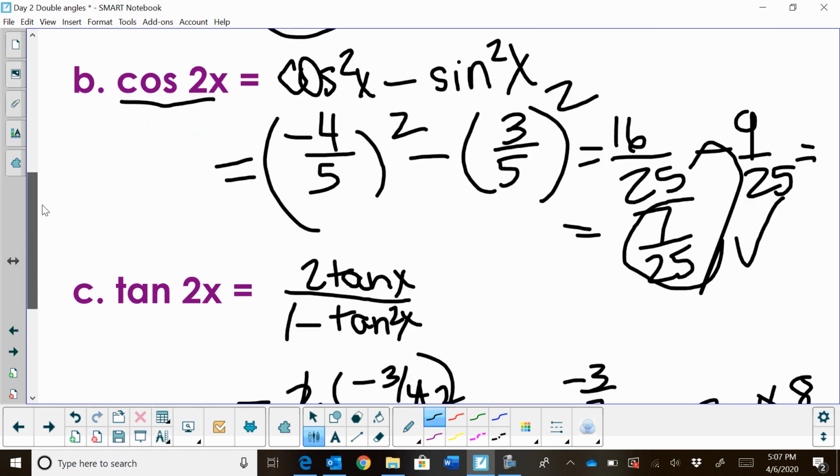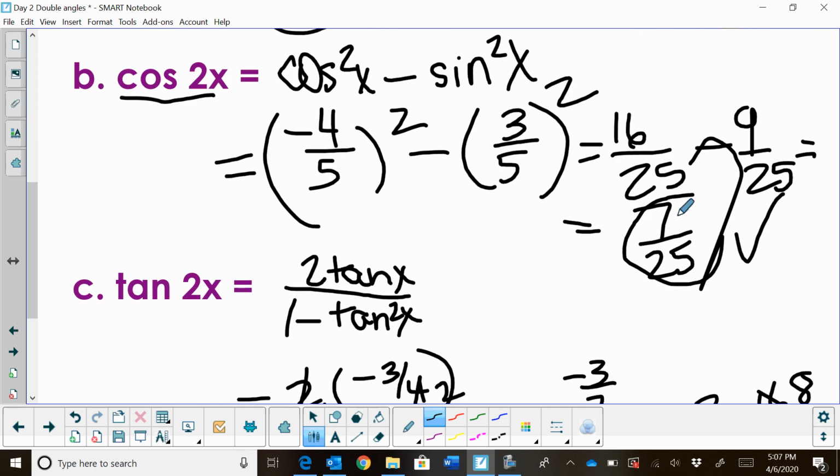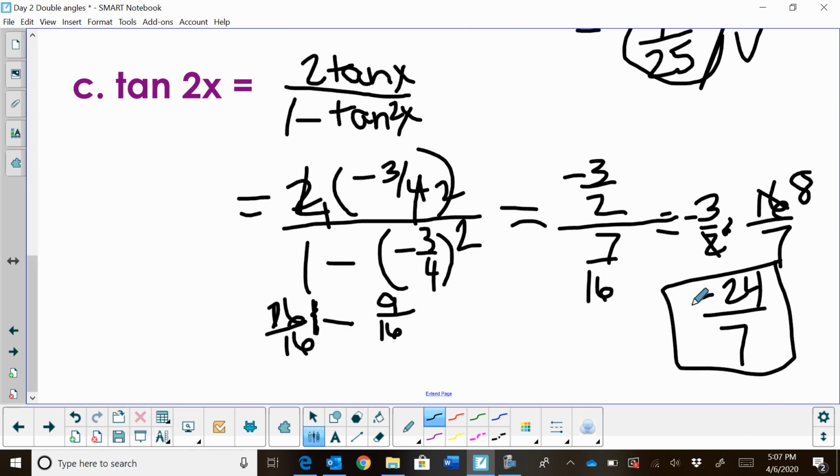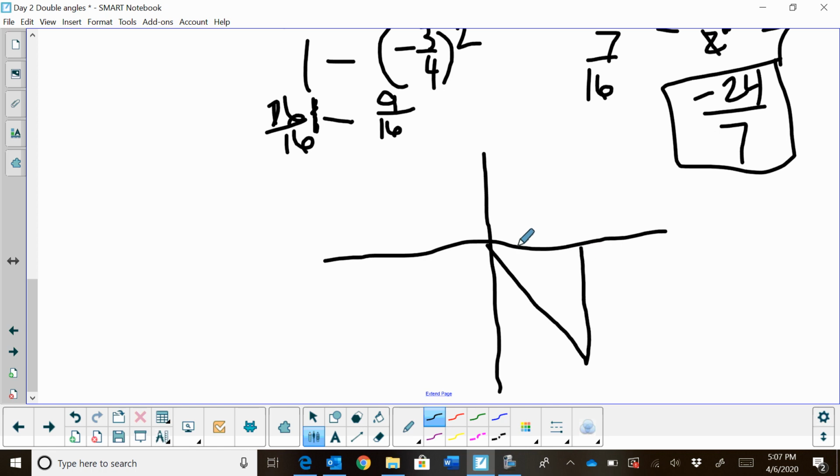So I hope you see kind of a common theme here. Negative 24/25 was a sine. The cosine was 7/25. And then the tangent was negative 24/7. So what are we dealing with? We're actually dealing with an angle that is in quadrant 4, a reference angle, where the hypotenuse is 25.